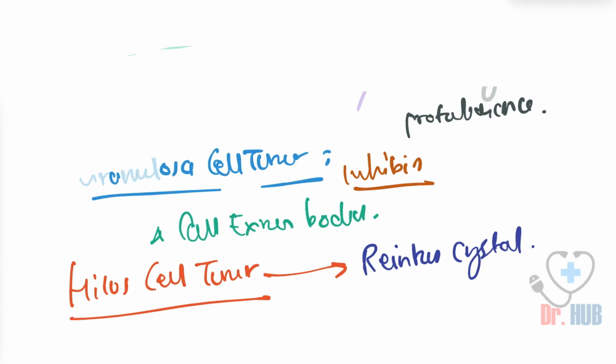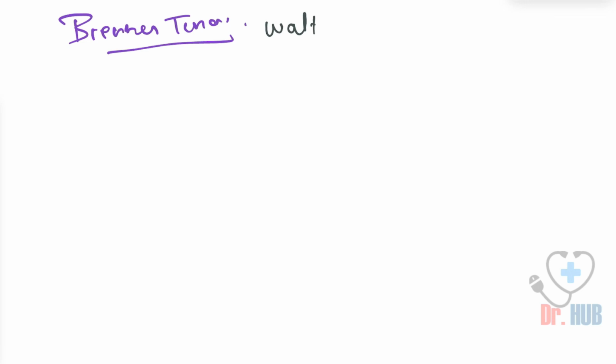Then we move on to the Brenner's tumor. For the Brenner's tumor, the pathognomonic finding is the Walthard cell nest.